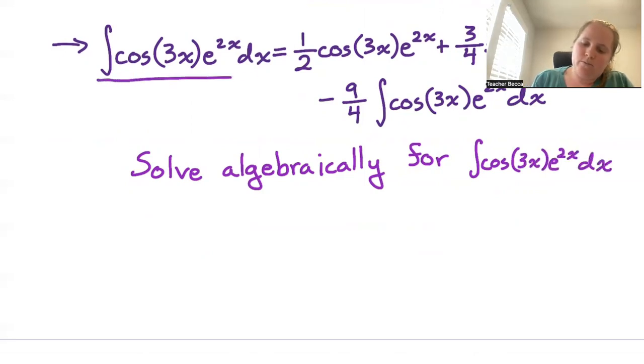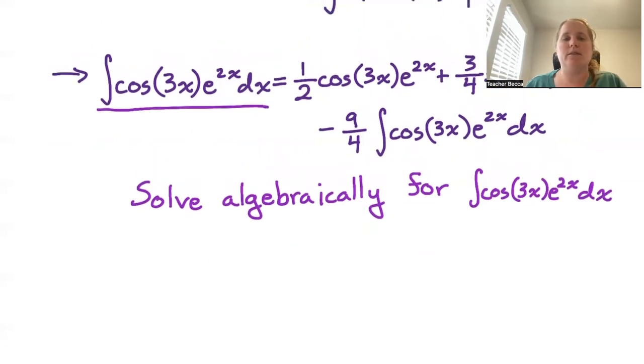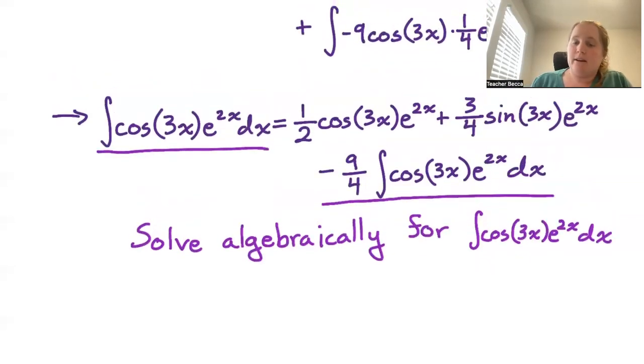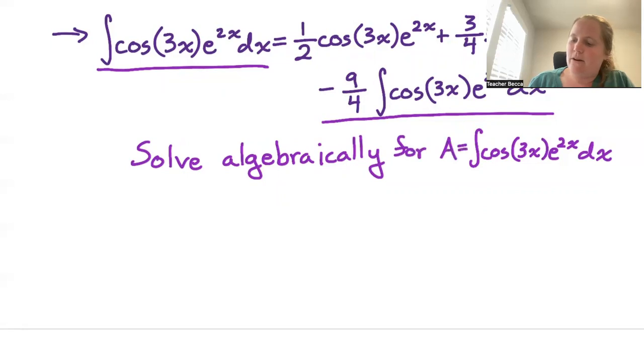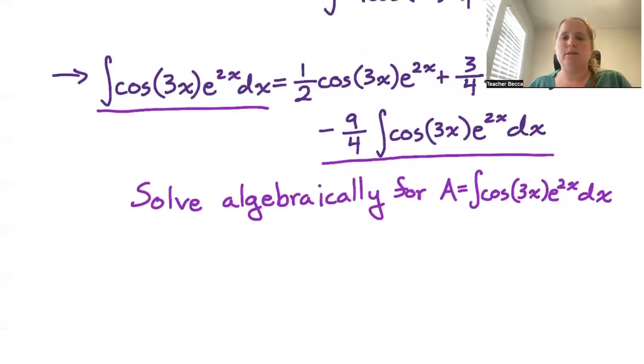So here's one term with that integral of cosine 3x e to the 2x dx. Then we have a second term that was our minus 9/4 times the integral of cosine 3x e to the 2x dx. Actually, I'm going to make our lives easier by setting this integral equal to A. So we'll solve for capital A, which is our integral of cosine 3x e to the 2x dx.